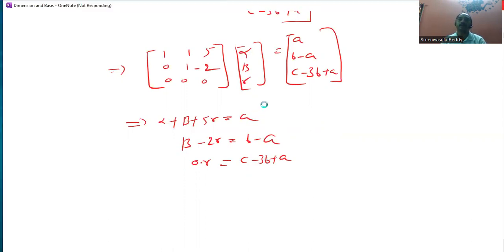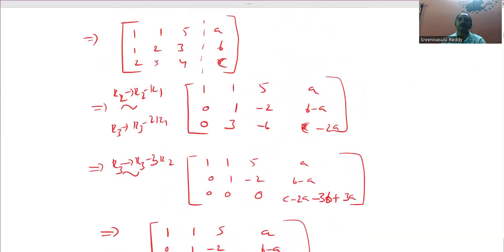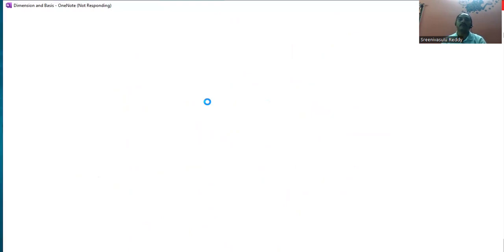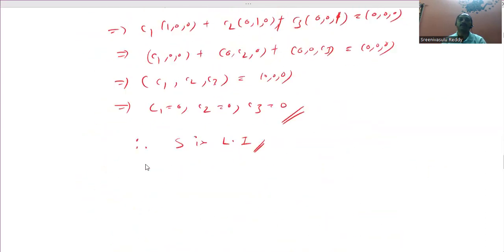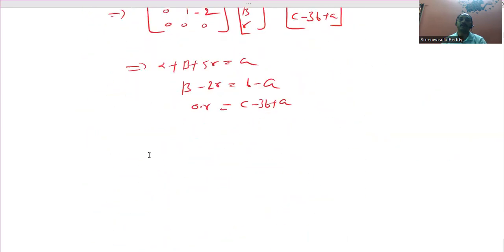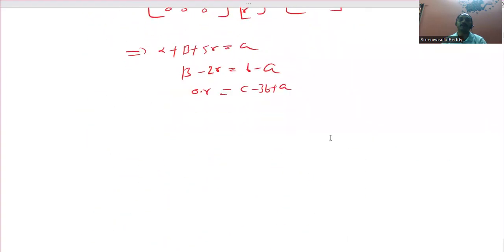So I think somewhere I made a mistake. The question says examine or show that. Show that means my answer is wrong. Examine means it may or may not hold, so here the linear combination may fail.